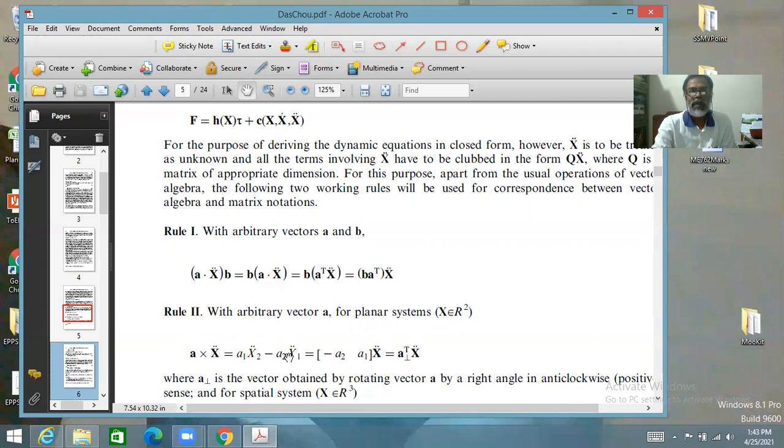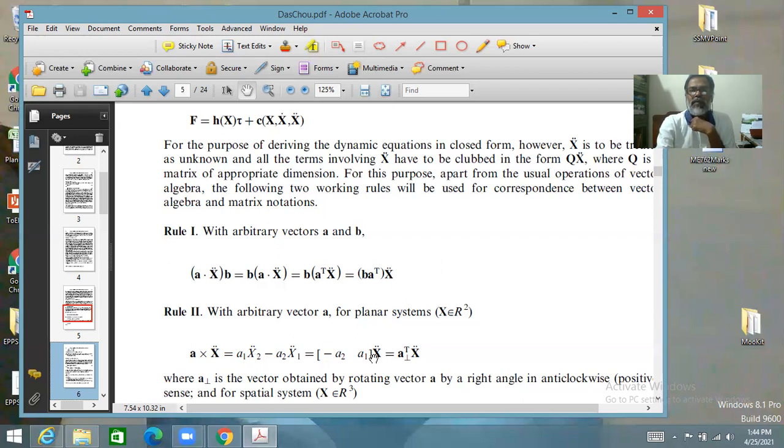So now collect the coefficients a on this side and put the variables on this side. So the coefficient of x1 double dot is minus a2, that is this, and the coefficient of x2 double dot is a1, which is this. So from the vector a1, a2, how do you get this vector?